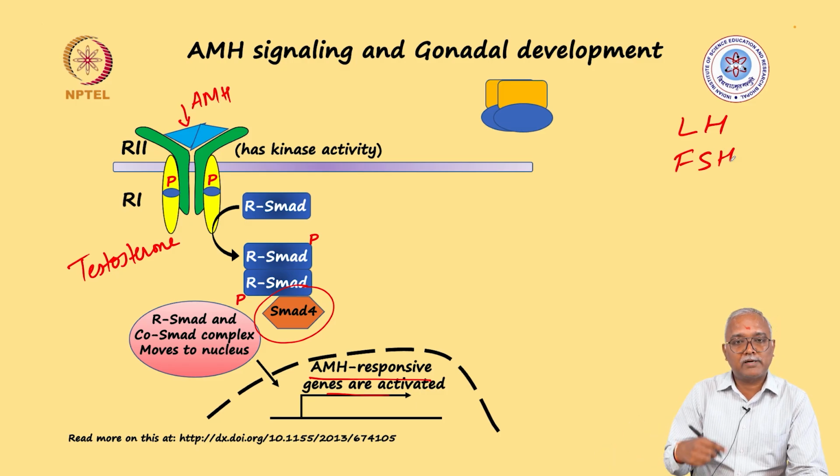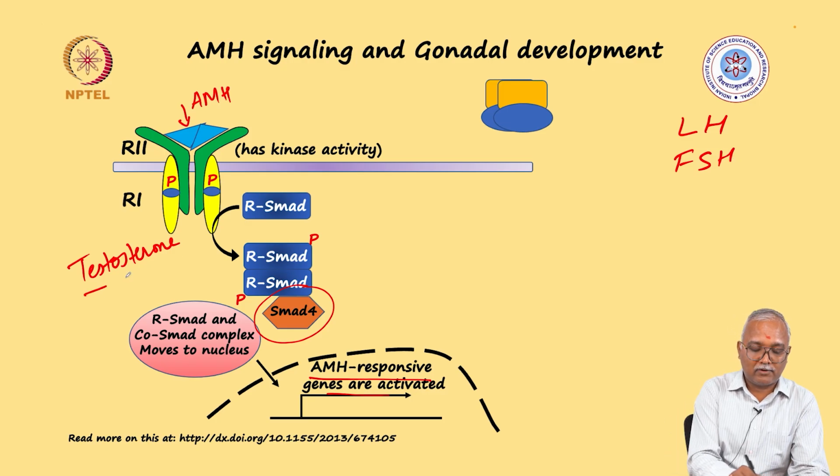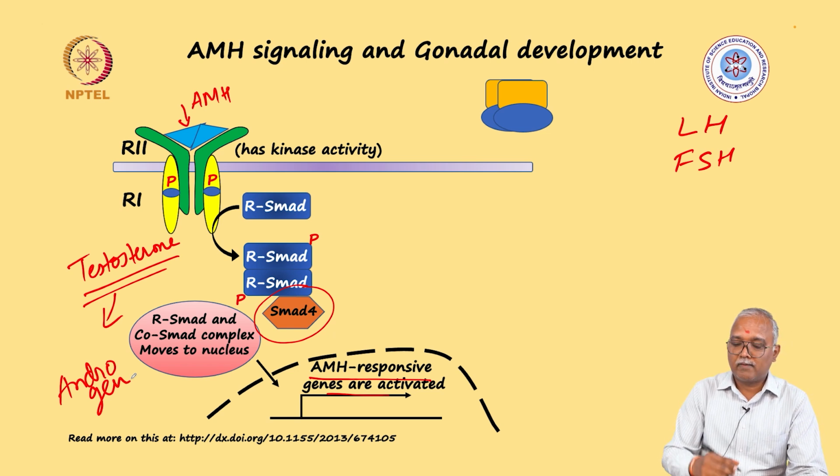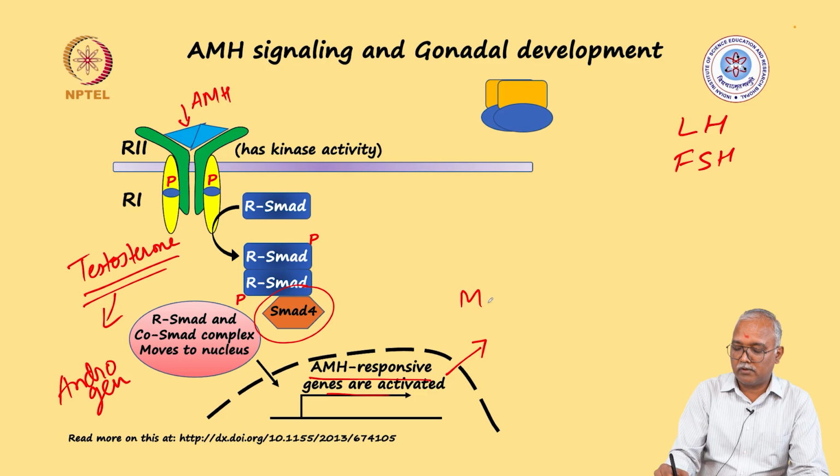They work on different cell types in the gonads and affect the levels of testosterone or androgen. That regulates the level of AMH and so on, thus the differentiation. So if you consider a scenario where the signaling is going on normal, anti-Müllerian hormone, so the genes will bring a change which will be towards the male characters.